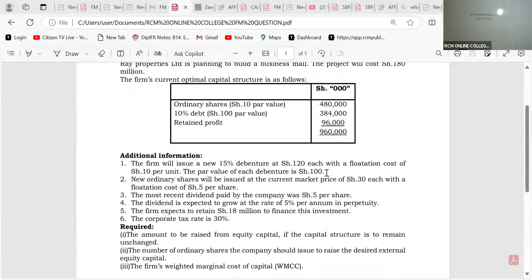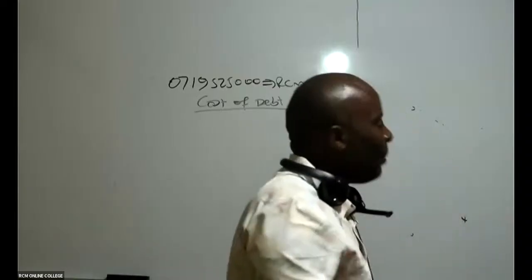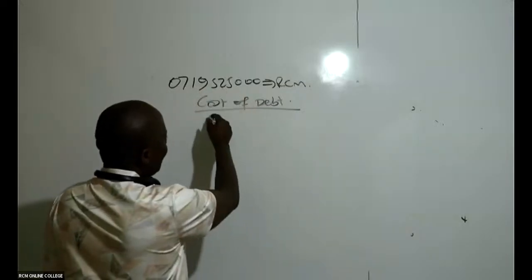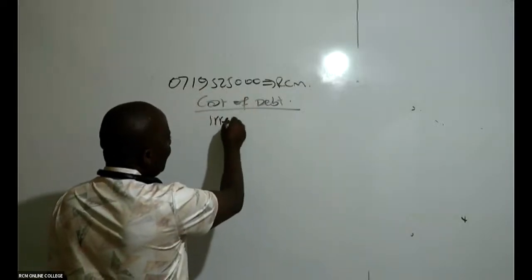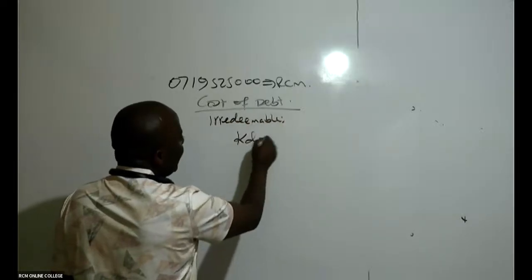If it was a redeemable debt, then I would have seen the period of redemption. I would have seen that this debt should be redeemed after, say, 10 years. So this is irredeemable. And if it is irredeemable, then this is an examiner who is wishing you success. Because I will simply get my Kd very easily.